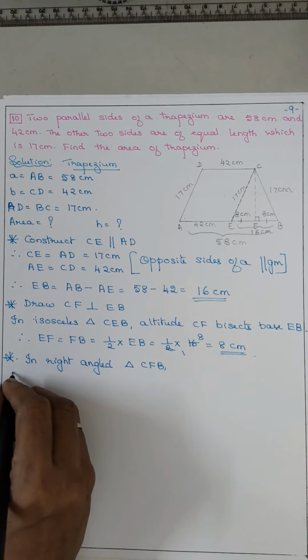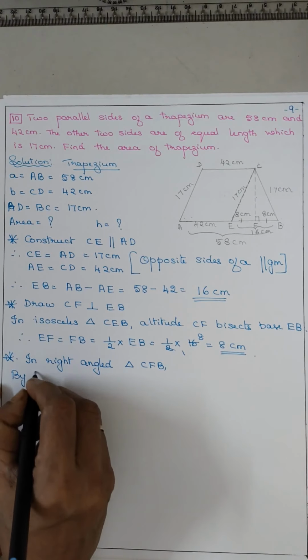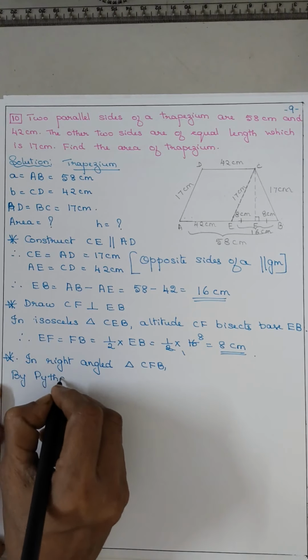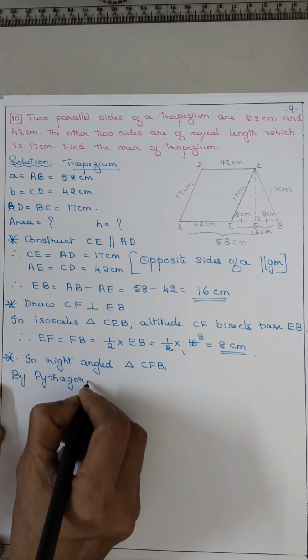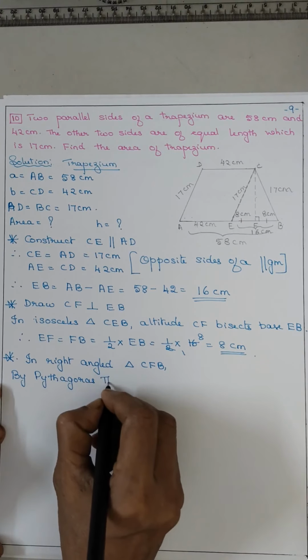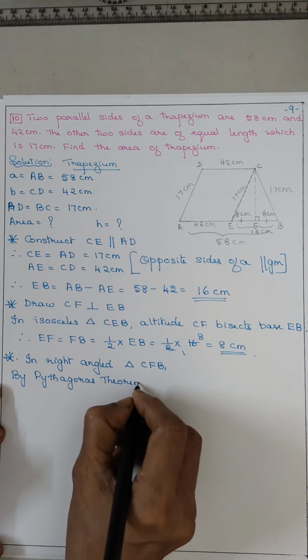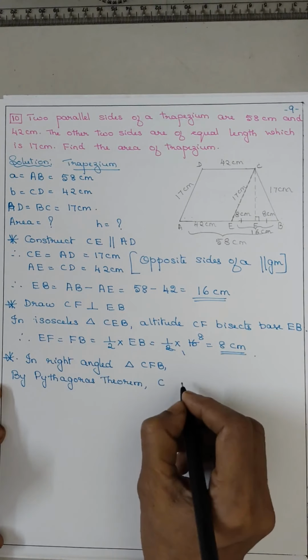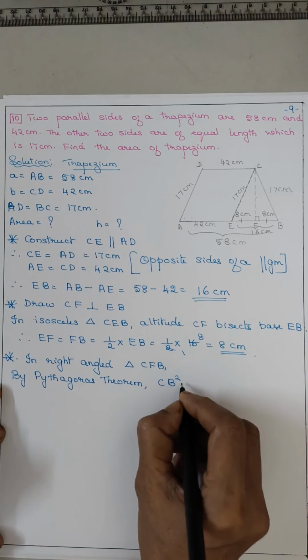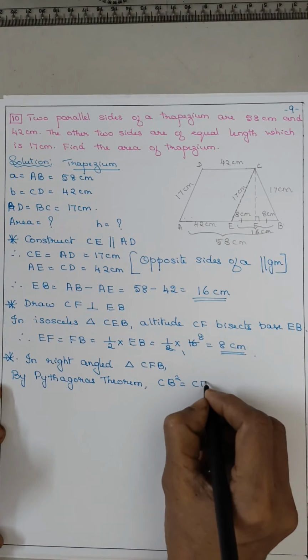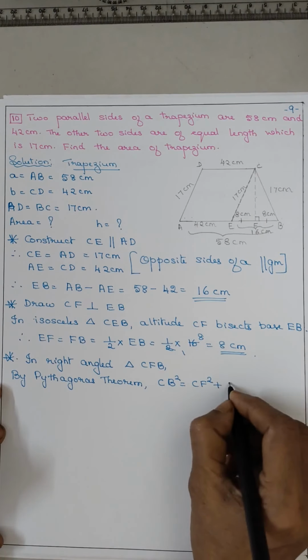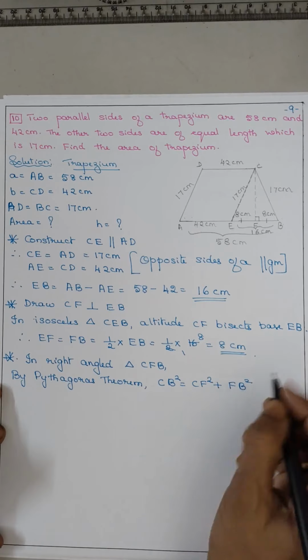So, by Pythagoras theorem, CB squared is equal to CF squared plus FB squared.